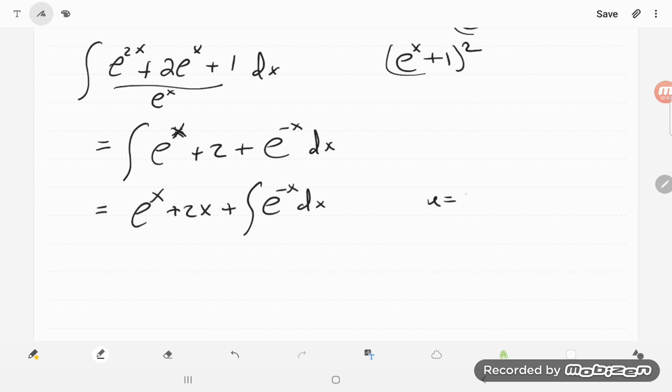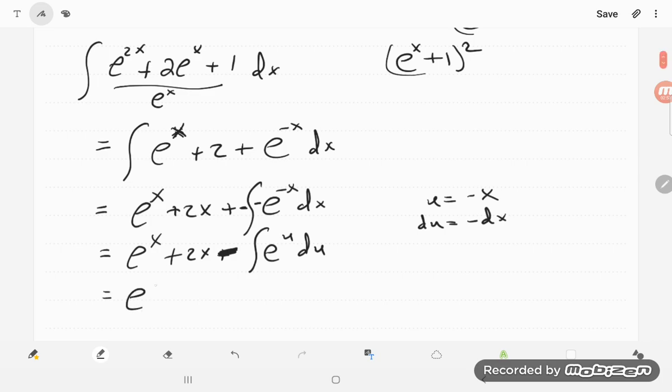So if I let u equal minus x, then du is minus dx. And so I just need to put a minus here and a minus there. And so this is e to the x plus 2x minus the antiderivative of e to the u du.